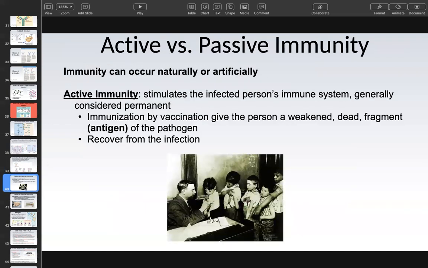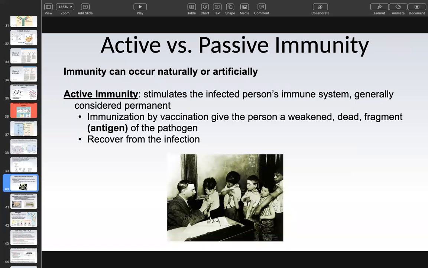And that brings us to our last topic of this video, and that is the difference between active and passive immunity. Immunity can occur naturally or artificially. One can argue that active immunity is the best, most efficient type of immunity.